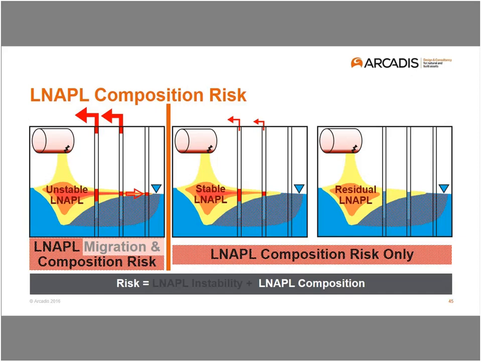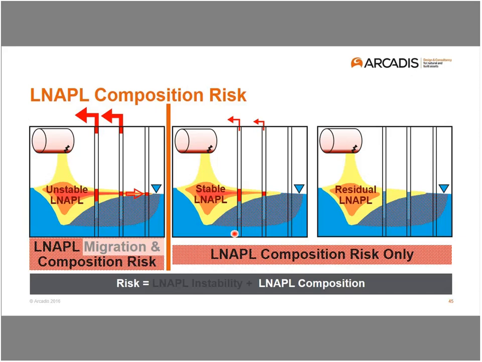So this is where we want to really start to think about that composition risk and focus on it. Even here in the situation where we have unstable LNAPL, if the composition risk is what's going to be the biggest risk at the site, then let's focus on that.